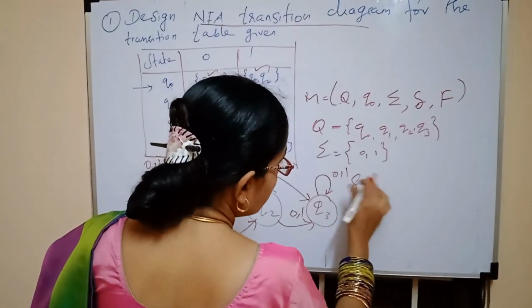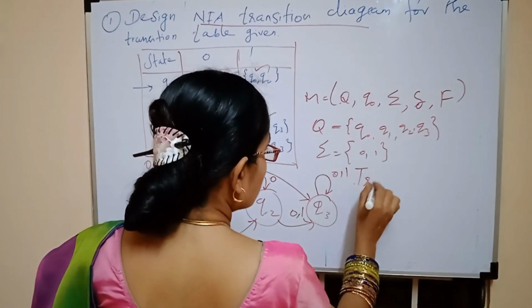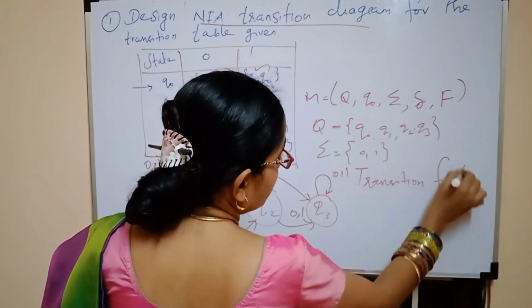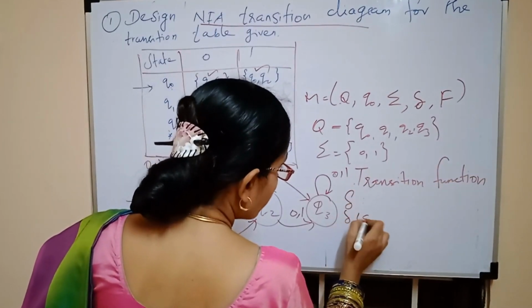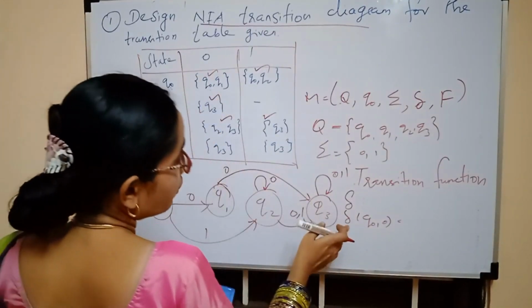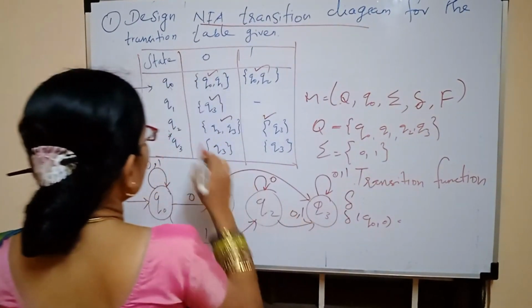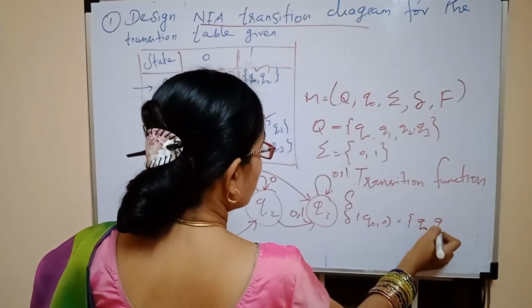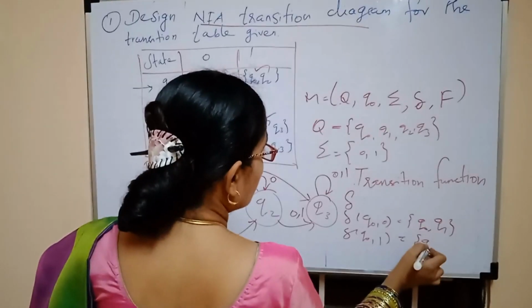What is delta here? You have to define the transition function. Delta of Q0 comma 0 goes to Q0, Q1. Likewise, delta of Q0 comma 1 goes to Q0, Q2.